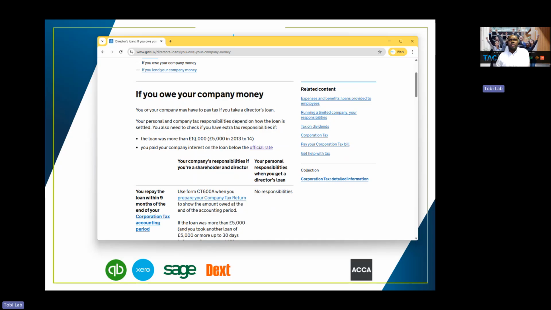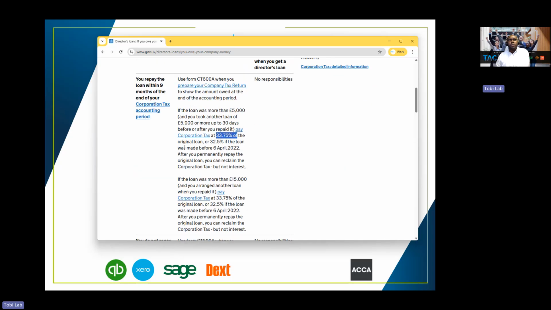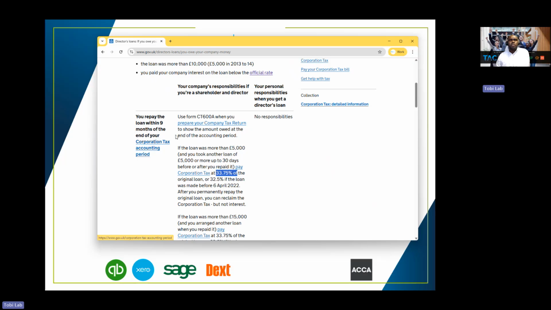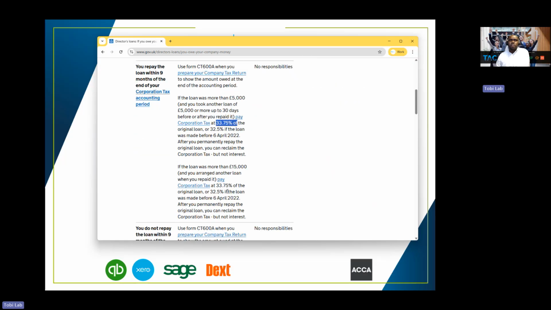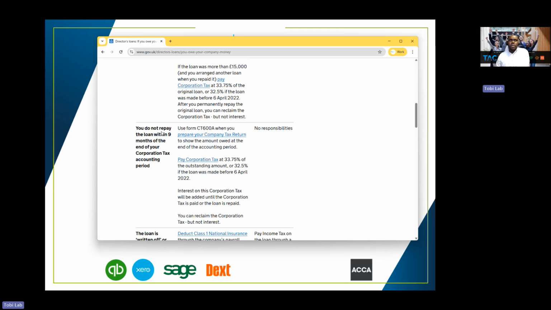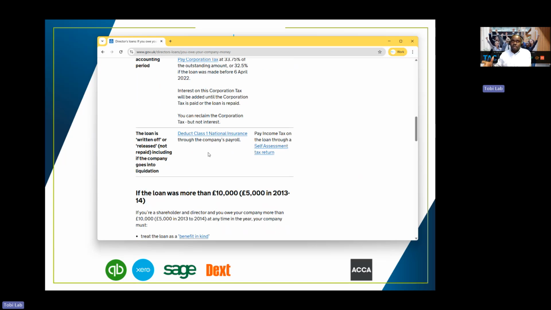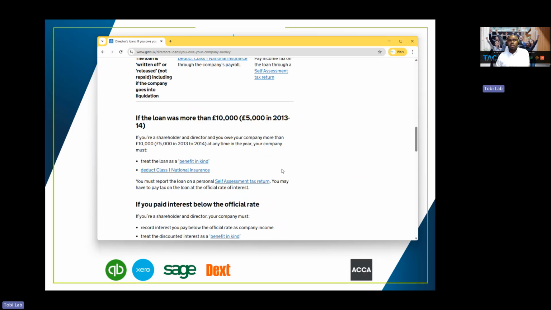If you repay the loan within 9 months of the end of your accounting period, then you can get a refund of the tax that you paid. If you do not repay within 9 months of the end of your accounting period, then you pay corporation tax at 33.75%. If the loan is written off, then the company will have to deduct national insurance, and you as an individual will have to pay income tax on that.